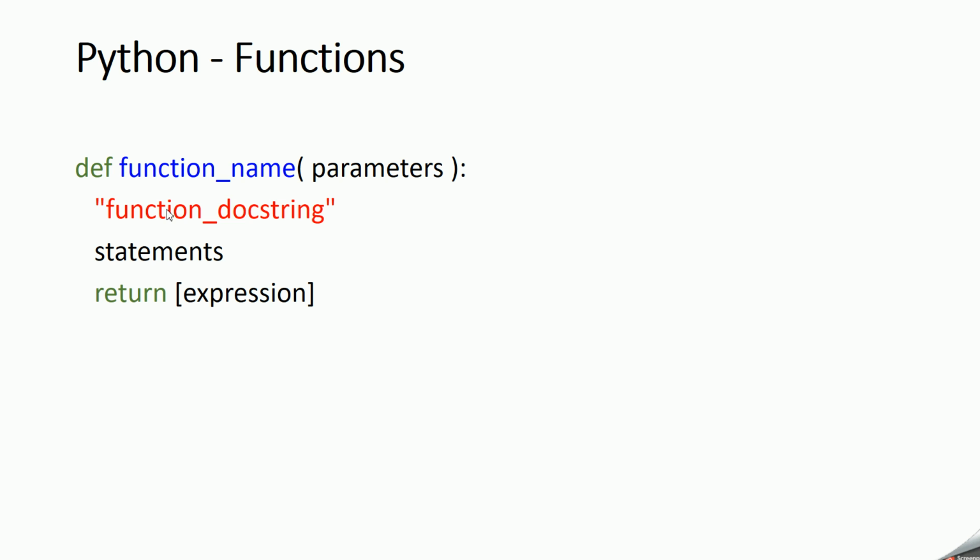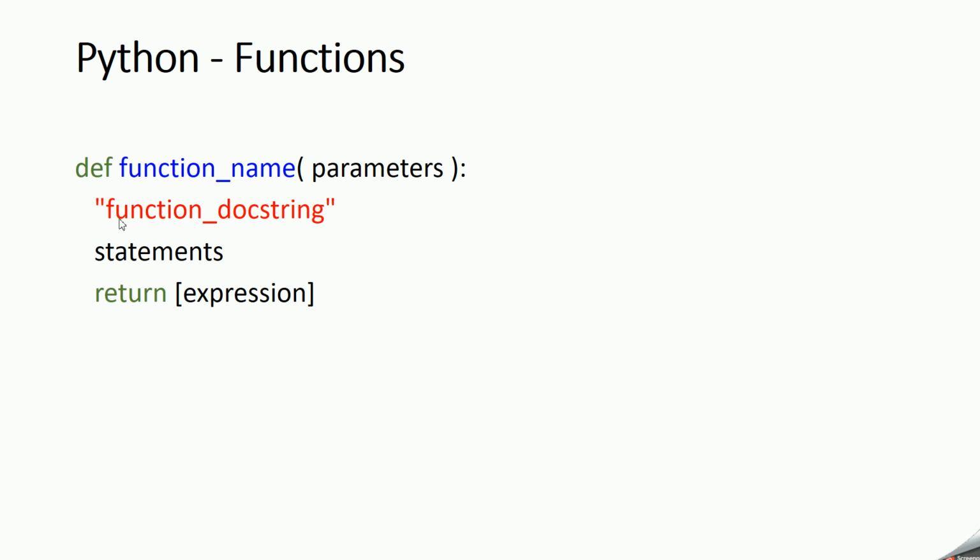So the syntax to define a function in Python is this. First you have to give the keyword def, and then the function name and the parameters in between parentheses. These parameters are optional, so based on your requirement you can either give them or keep the parentheses empty, and then it is a colon.